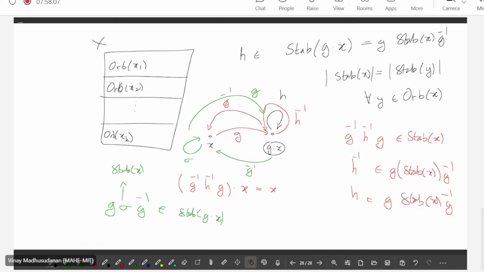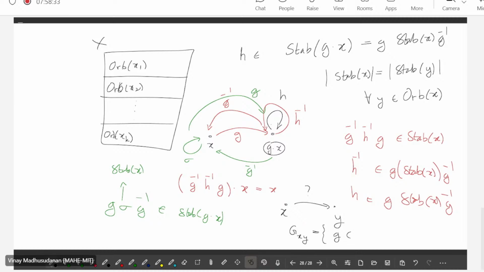Suppose, instead of asking for the stabilizer, what elements of the group fix a particular point, you ask what elements of the group map a given point to another point. Which are the elements of the group that map a given point to another point? So you call this g_xy, or whatever, I'm just making up this notation.